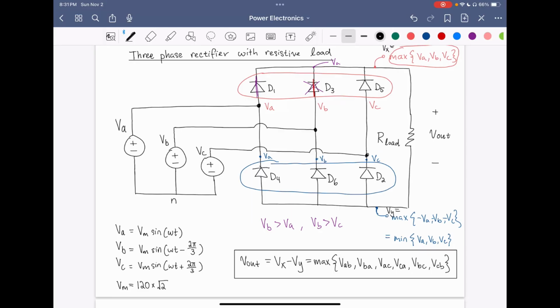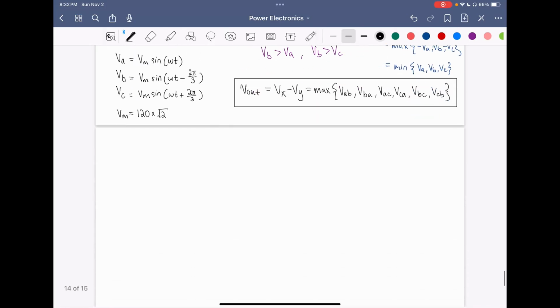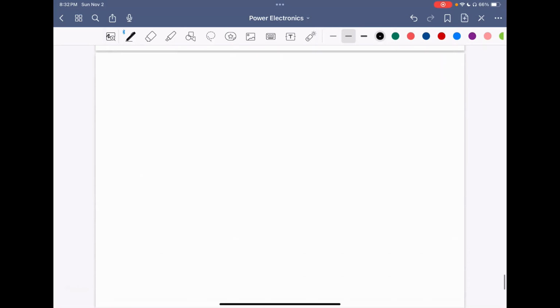Now, in the United States, if you have a nominal 120 volts RMS line to neutral voltage source value, then Vm is going to be the peak value, which is just square root of 2 times the RMS value of 120. So we want to start off by drawing a phasor diagram for our 3 phases. We're going to do that by drawing the complex plane.